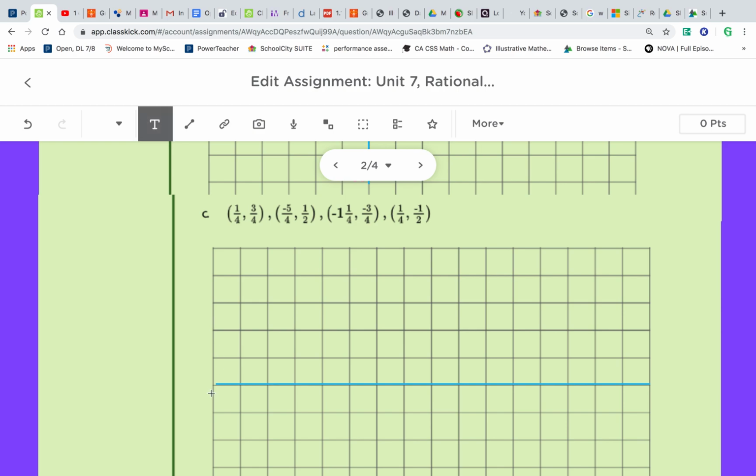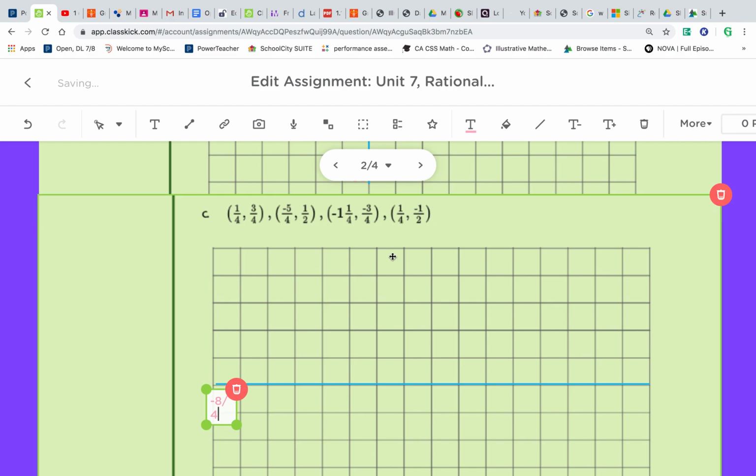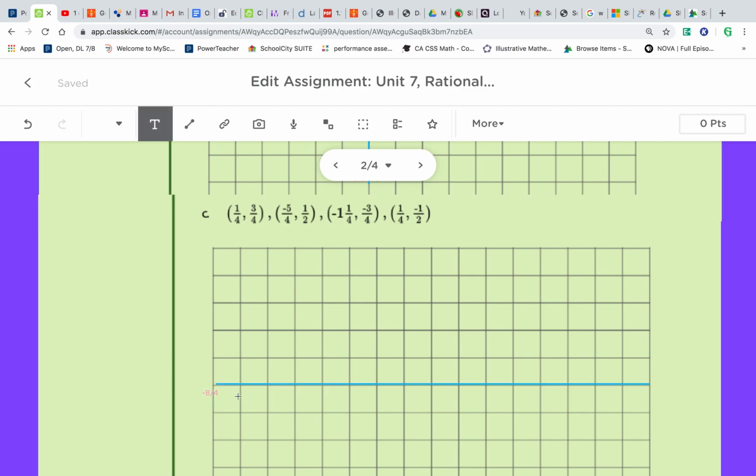So this here is going to be negative 8/4. Put it to the side a little bit. And then the next one is going to be negative 7/4.